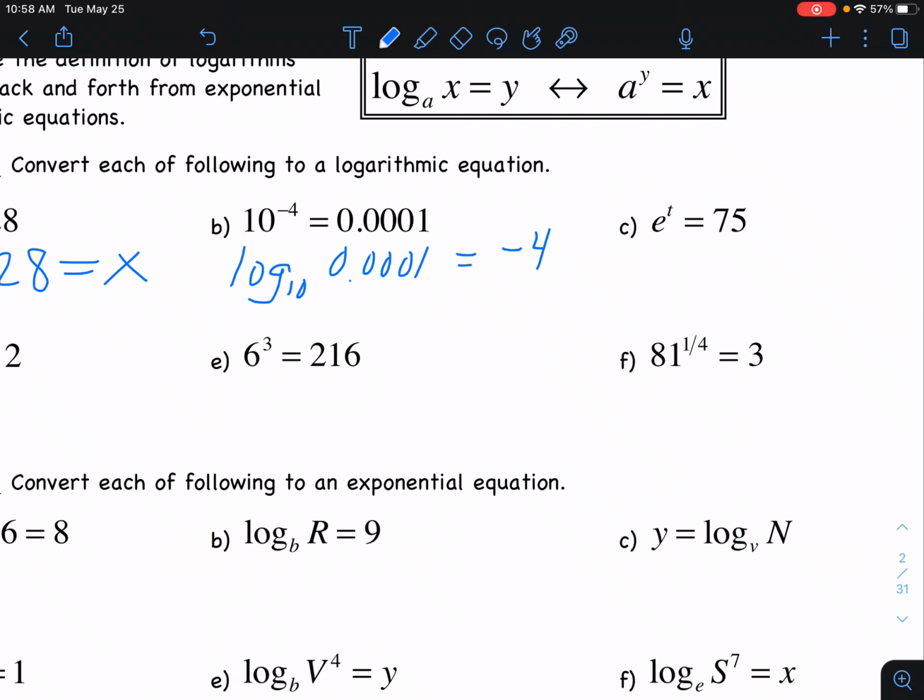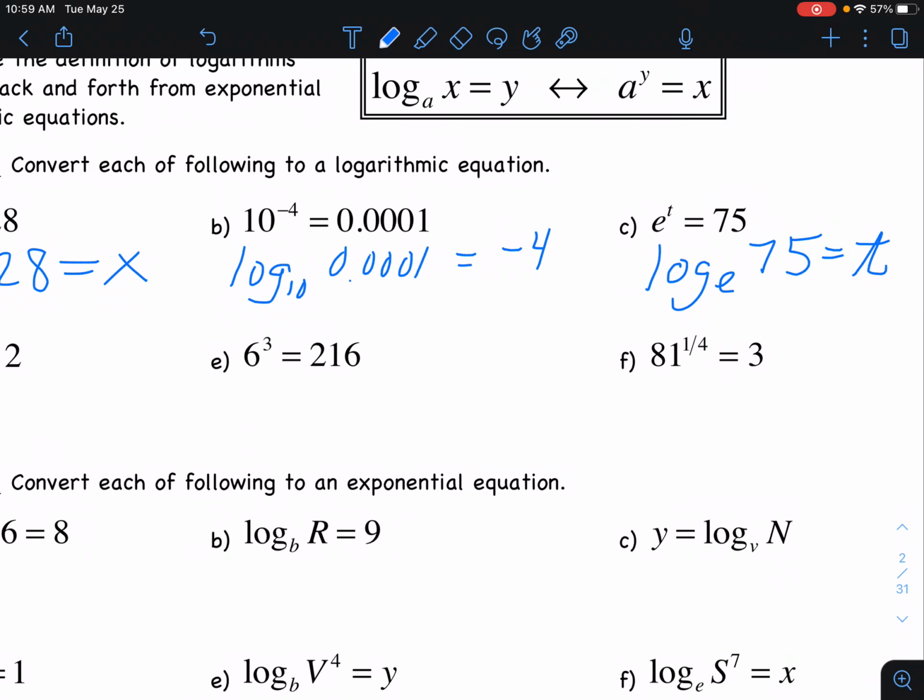All right, letter E. Don't worry so much about the E. Let's just convert it. Log base E of 75 equals T. We'll learn more about base E later on.